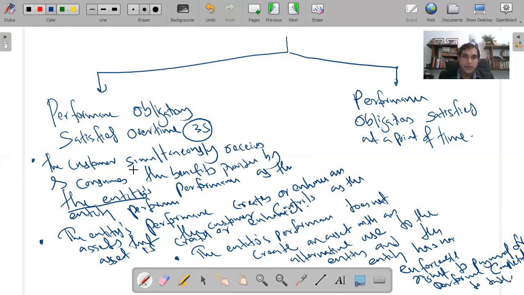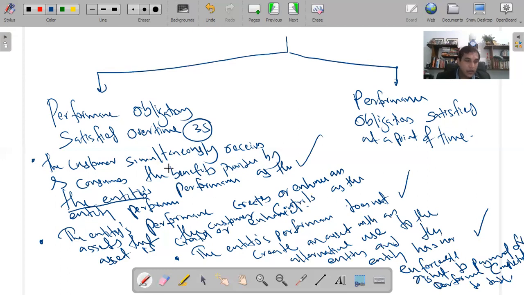To date. So please write down these 3 points. So that is section 35 in the standard book, SLFRS 15. Please refer to those 3. Very important 3 points.